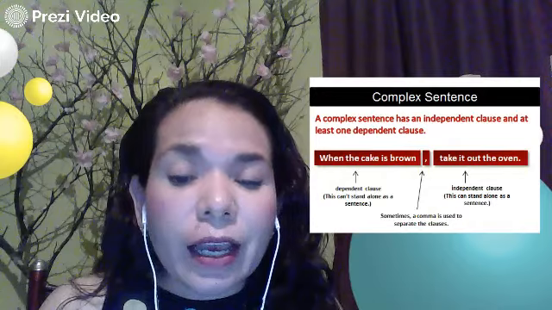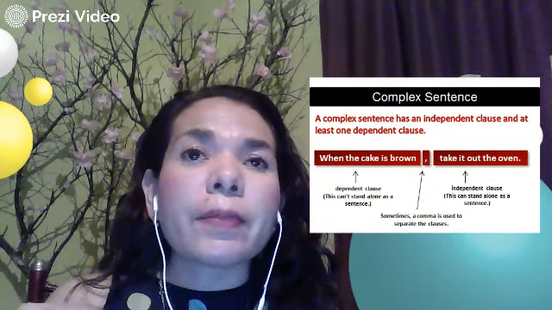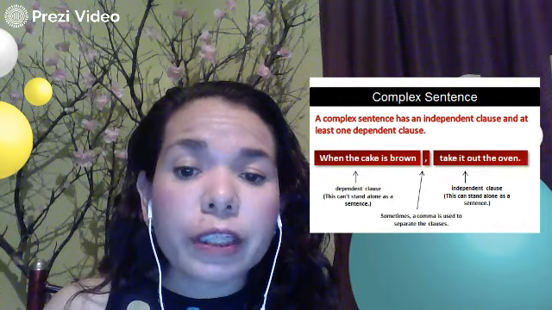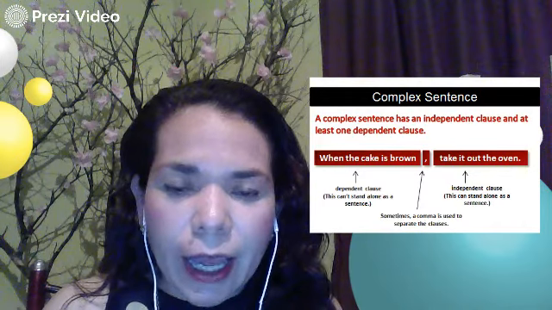It's the same, but in compound sentences you use fanboys. In complex sentences, you use awubis. Awubis are subordinating conjunctions. We are going to learn about these a little bit later.